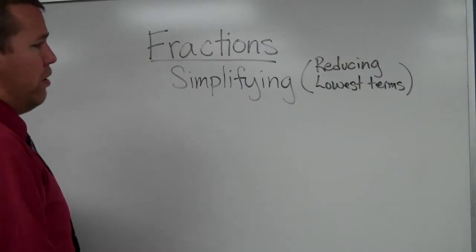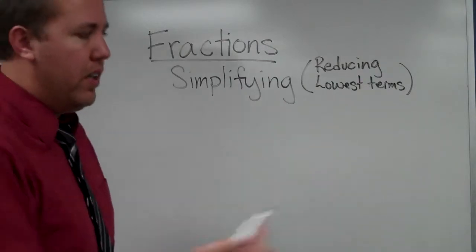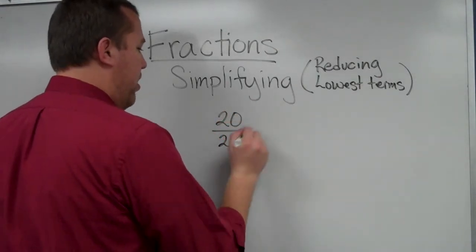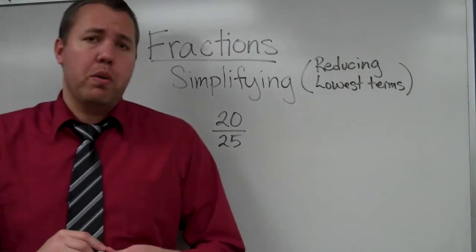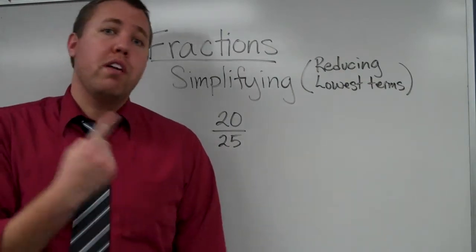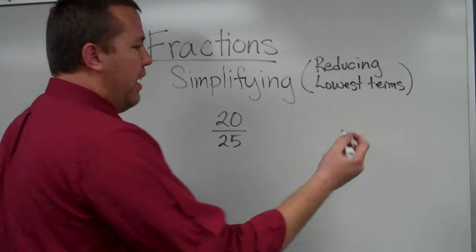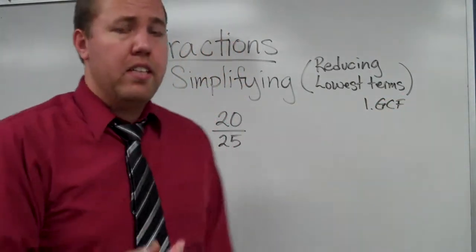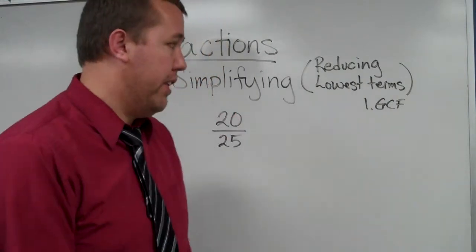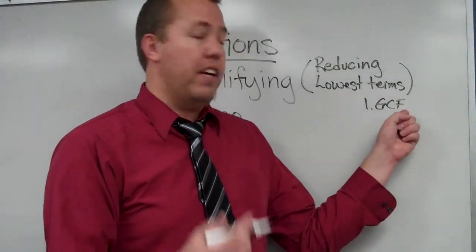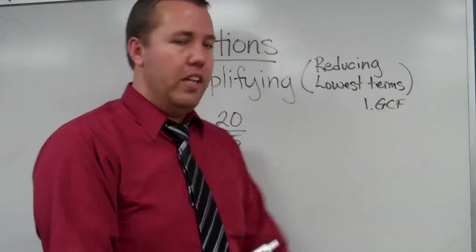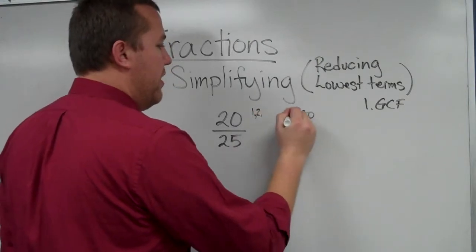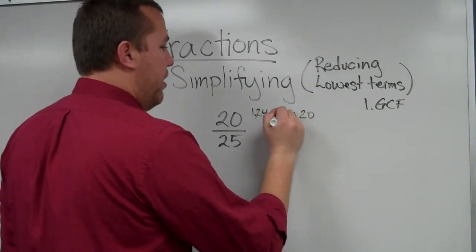Okay, so with simplifying, we have a fraction. Let's just start with an easy one, 20/25. When we are simplifying, first thing, we want to find the greatest common factor. That's the first step. If you remember how to find the greatest common factor, just GCF, find the F, then do the C, then the G. So the factors of 20: 1 and 20, 2 and 10, 4 and 5.